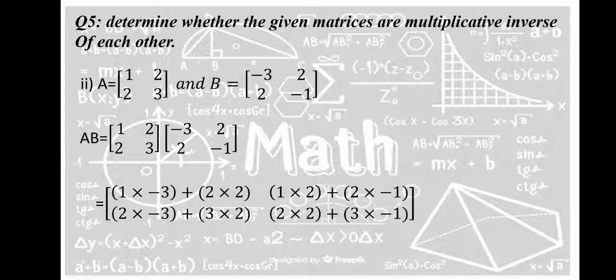So what will be the equation? 1 multiplied by -3 is -3 plus 2 multiplied by 2 is 4, so -3 plus 4. 1 multiplied by 2 is 2 plus 2 multiplied by -1 is -2, so 2 -2. 2 multiplied by -3 is -6, 3 multiplied by 2 is 6, so -6 plus 6, and 2 multiplied by 2 is 4 plus 3 multiplied by -1 is -3, so it will be 4 -3.